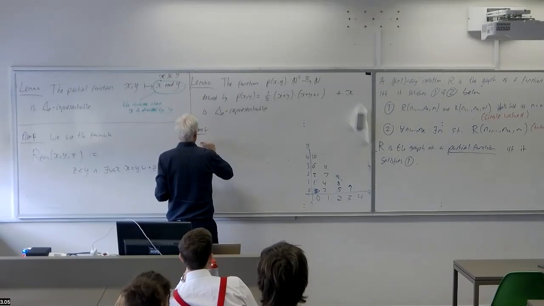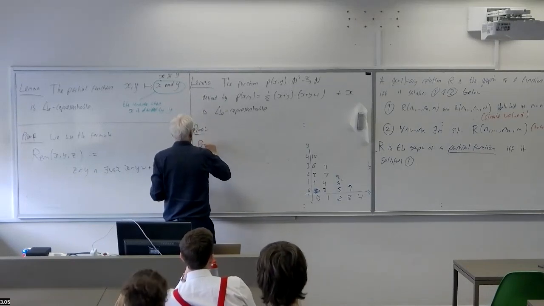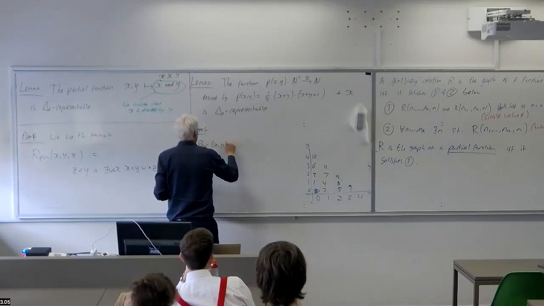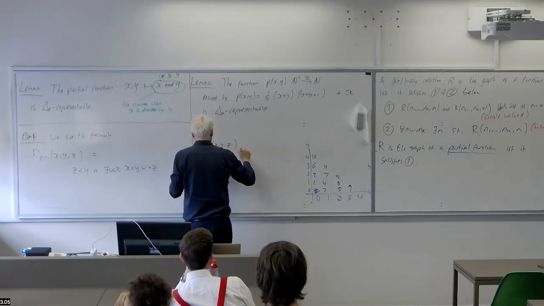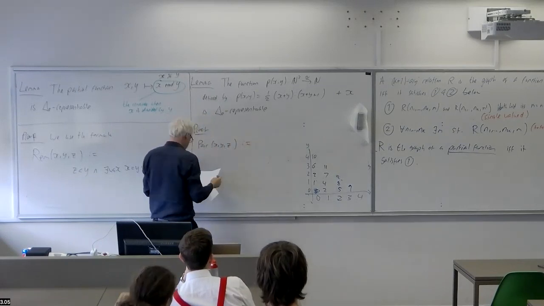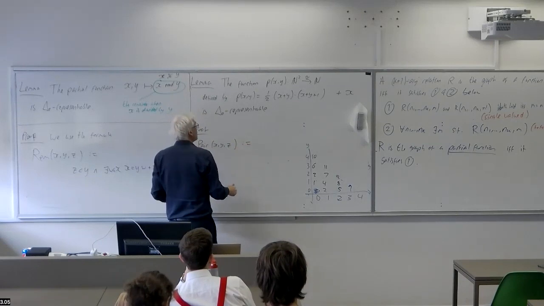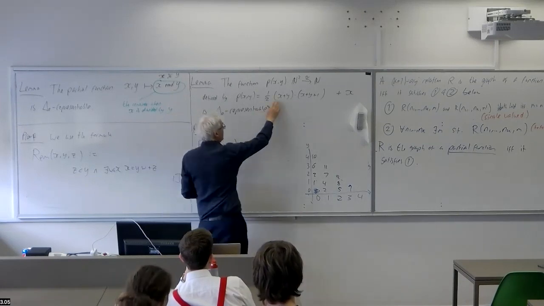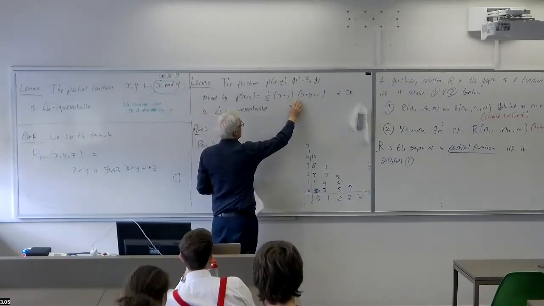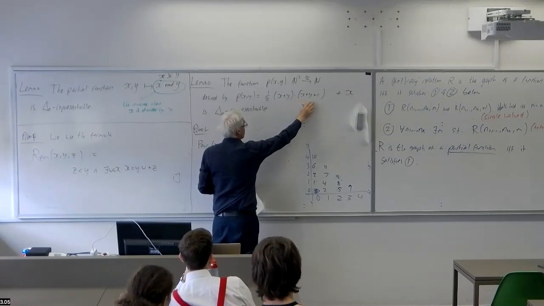so again, we want now a formula pair of x, y, z, and we want a bounded quantification. So we want 1/2 times x plus y times x plus y plus 1.